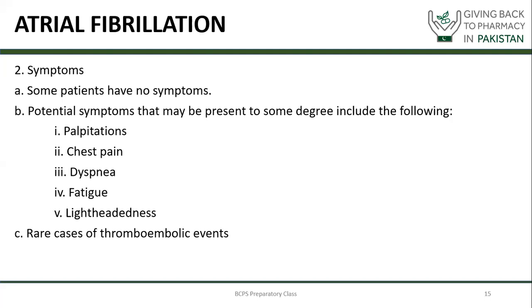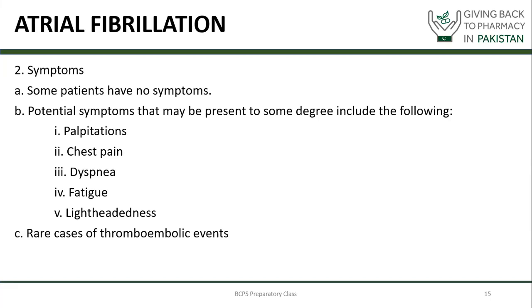Rare thromboembolic events happen because when there is atrial fibrillation and the heart is not pumping completely, some parts do not pump enough to move the blood, and blood pools in some portions of the heart where there is a problem in the electrical activity. Where it pools, if blood stasis occurs anywhere in the body, it clots.